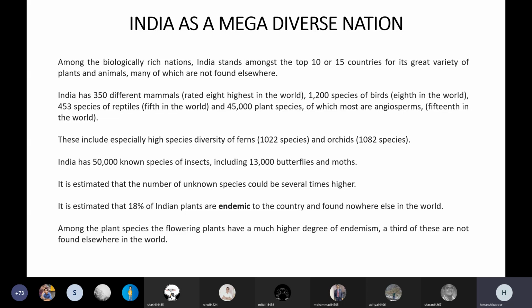So we have habitats ranging from forests, deserts, grasslands, wetlands, coastal areas, marine ecosystems, and so on. So because of this climatic diversity, we have diverse habitats in India, diverse climatic conditions.